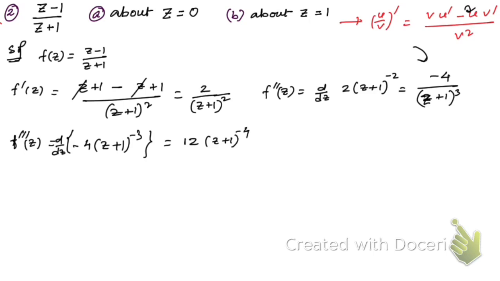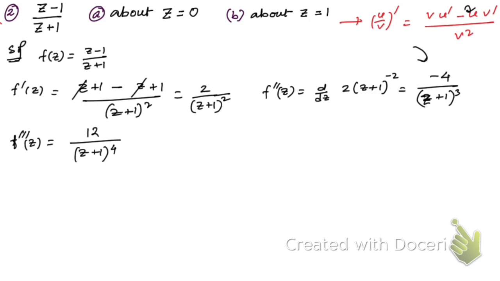So it can be written as 12 by z plus 1 whole to the power 4, and so on. Hope you have understood this, right?